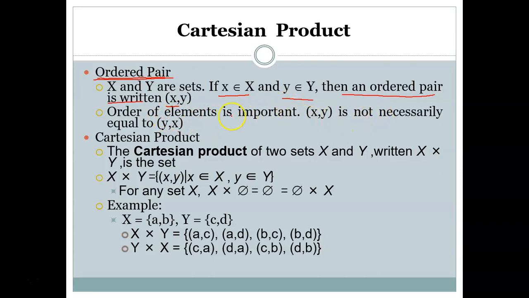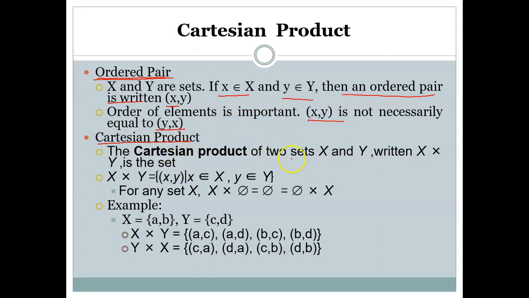(x, y) is not necessarily equal to (y, x). So keep in mind, (x, y) is not necessarily equal to (y, x). It can be equal only in one situation, if both are equal. Now the Cartesian product, how do you define it?